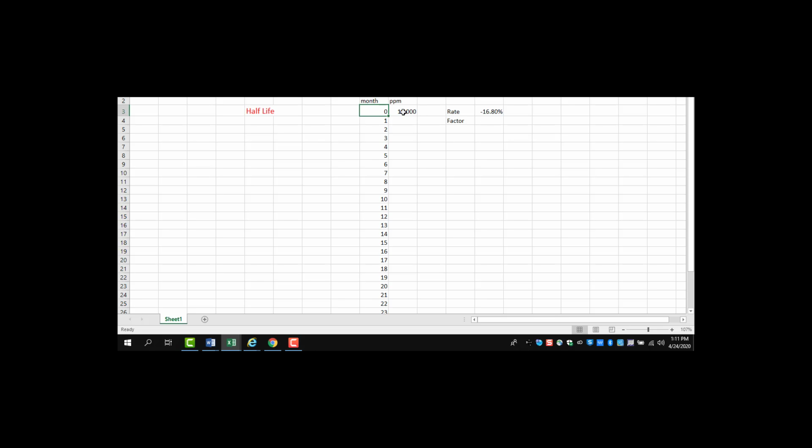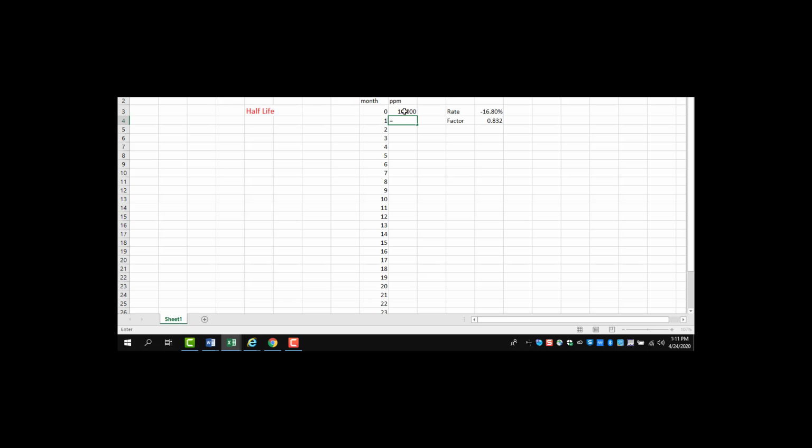So what do I need to multiply 10,000 by to decrease it by 16.8%? Now hopefully you know this now. It's going to be 1 minus 16.8 over 100. And that's what you'd multiply it by, 0.832.